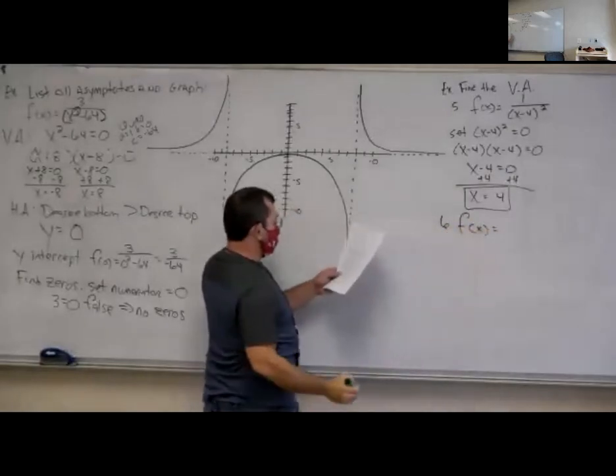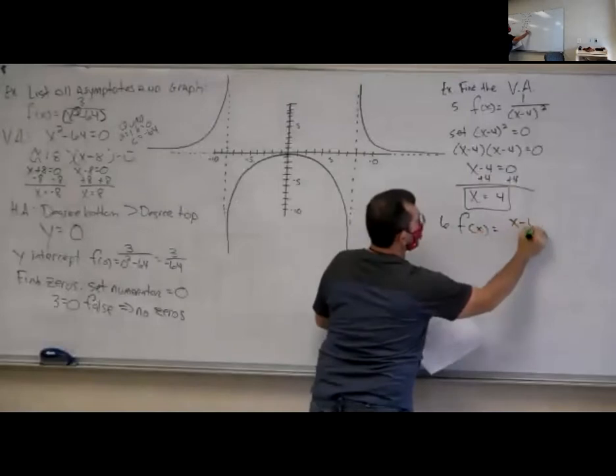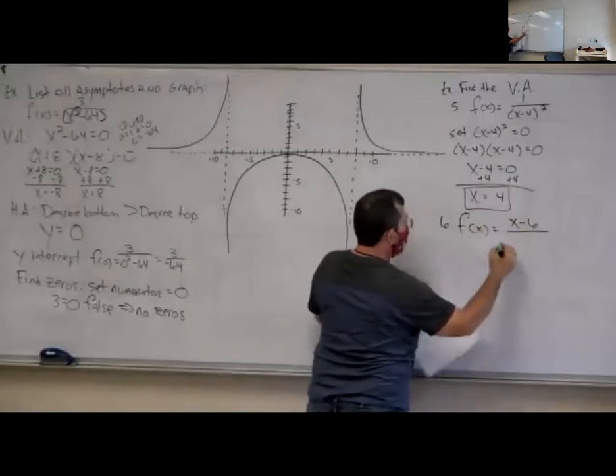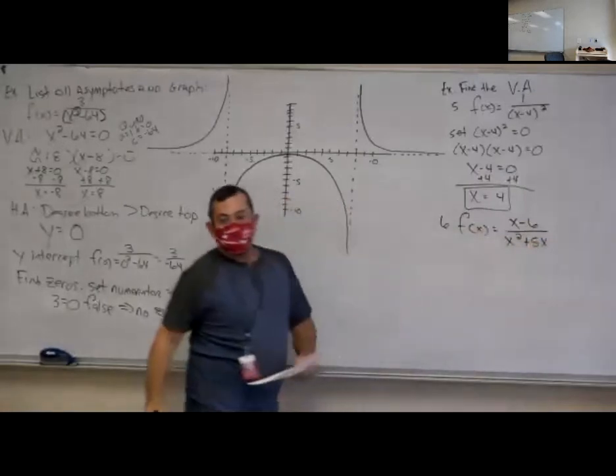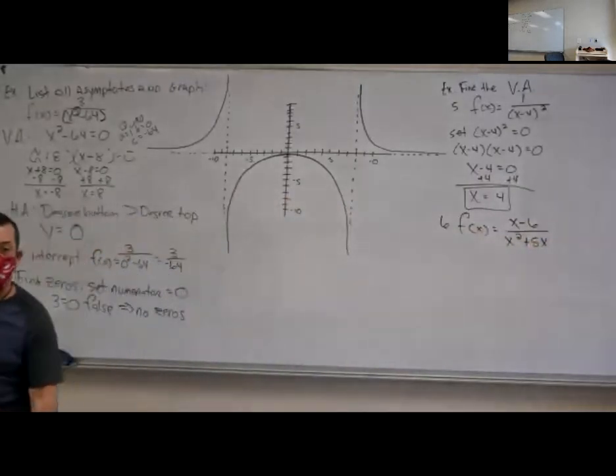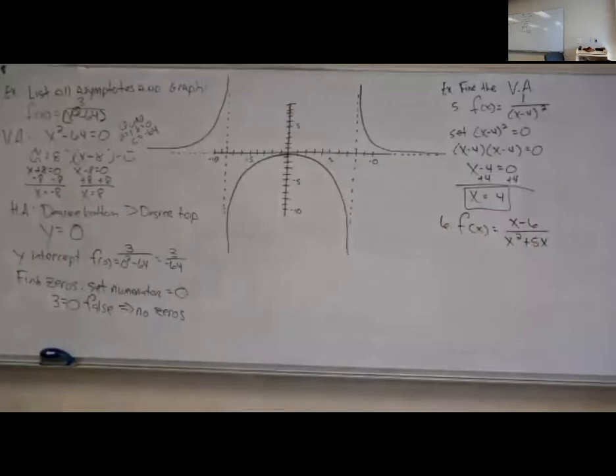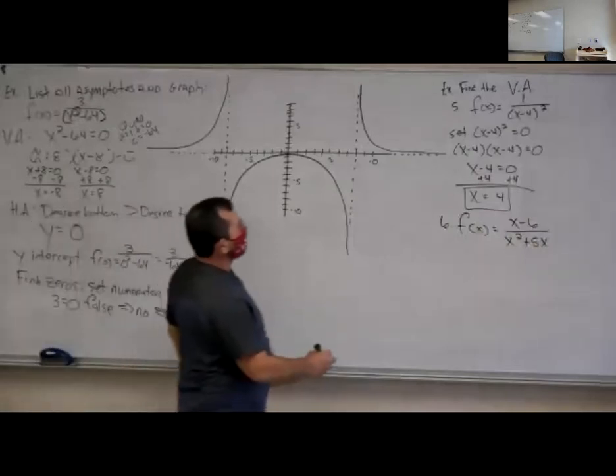All right, number 6 is f of x equals x minus 6 over x squared plus 5x. So take the bottom, set it equal to 0.